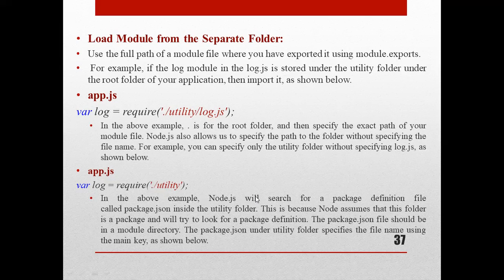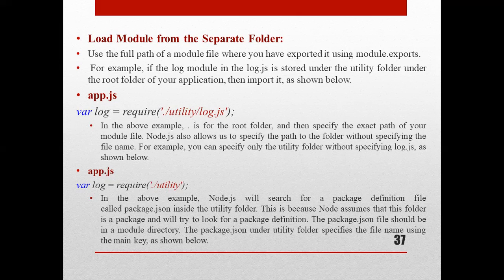This is because Node.js assumes that this folder is a package. It will assume that this folder is a package, and it will try to look for a package definition inside that folder. The package.json file should be in that module directory. The package.json under the utility folder specifies the file name using the main key.